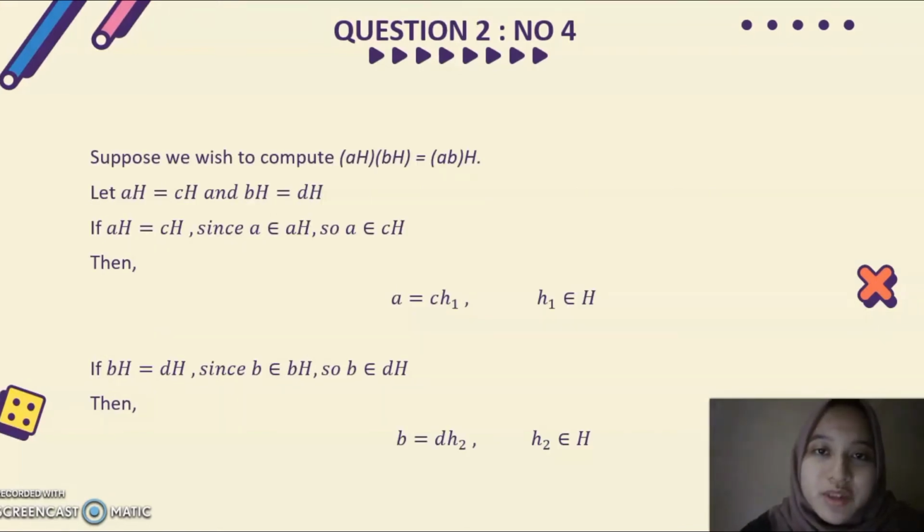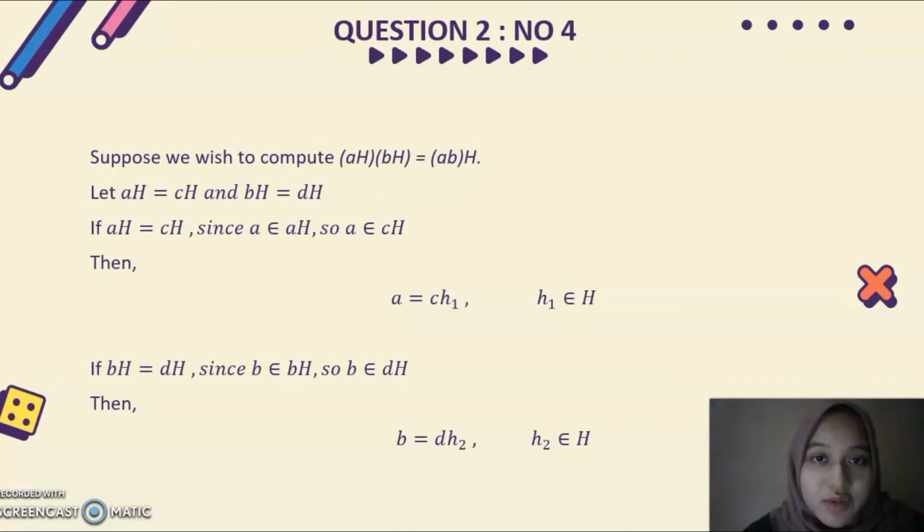Due to our hypothesis that the left coset multiplication is well defined, we can say that the cosets are omitting left and right. Suppose we wish to compute the left coset of aH binary with the left coset of bH, which is equal to the left coset containing abH. We let aH equal to cH and bH equal to dH.